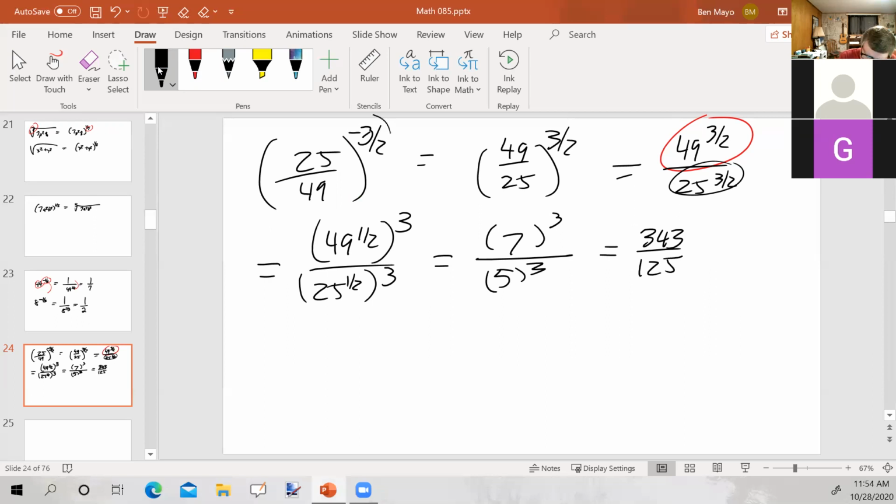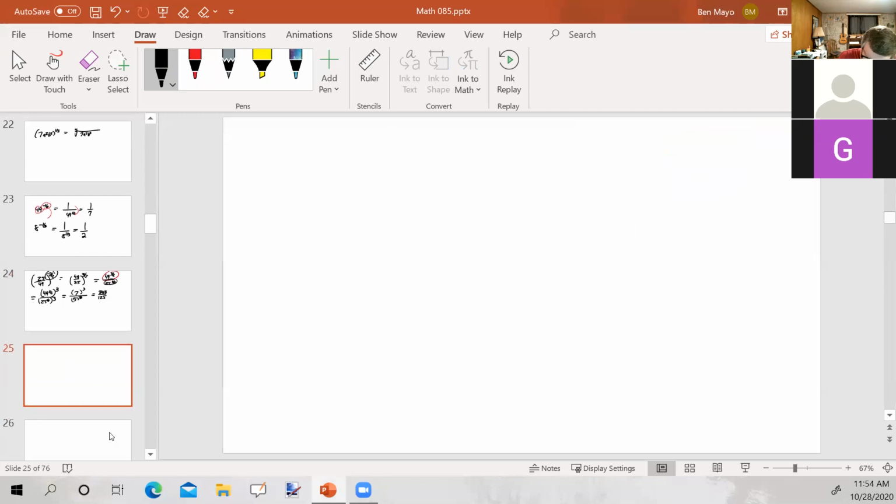But the first thing we want to do is get rid of that negative exponent. And by the way, you can't have a negative index. So let's say you had this problem, 7 to the negative 1/3 power, and it said change this to radical notation.